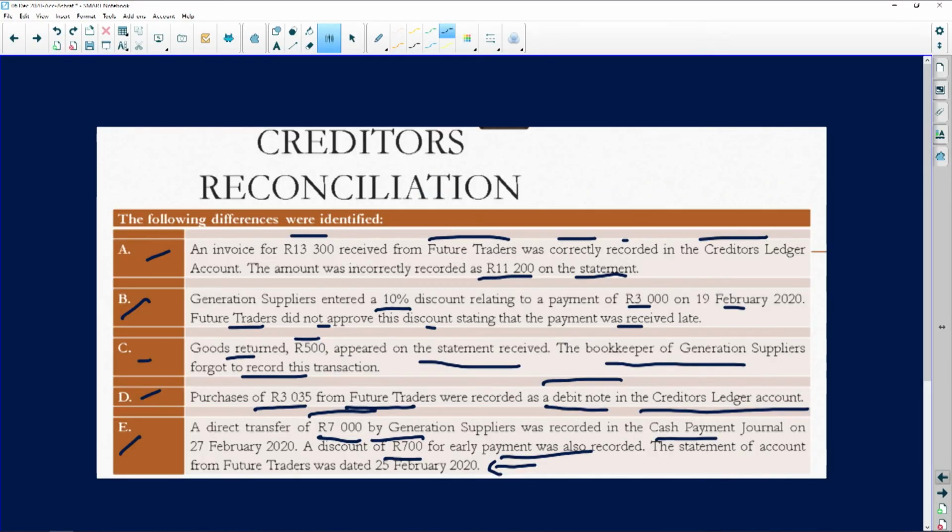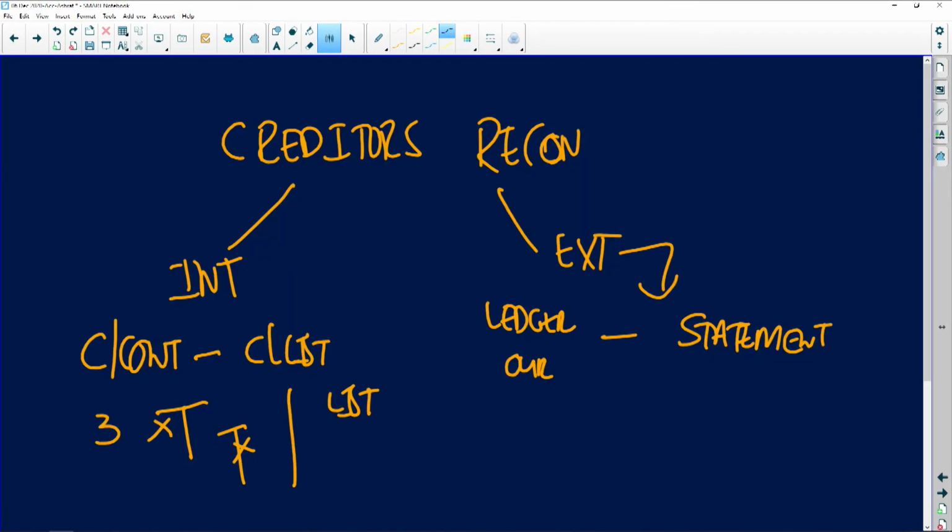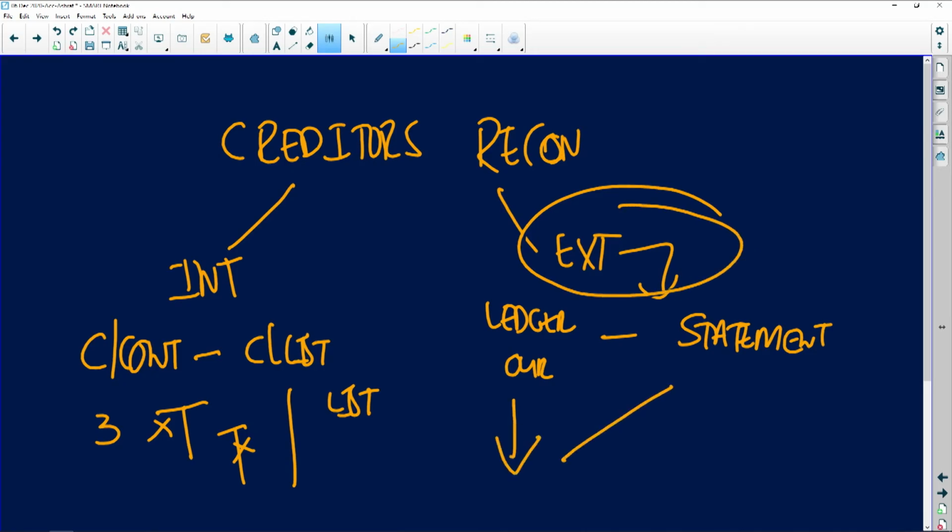Remember, guys, just to recap, this creditors recon is an external creditors recon where we are reconciling the ledger account in our books with the statement that we are receiving. Almost akin to a bank statement, same principle, right?